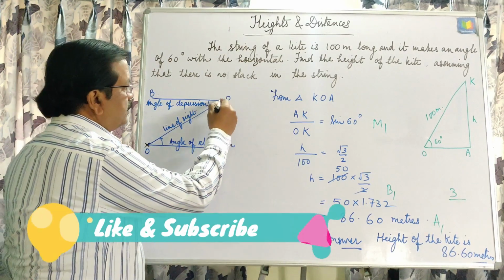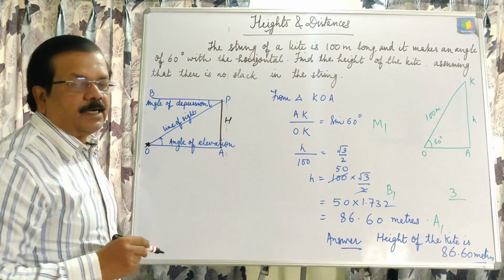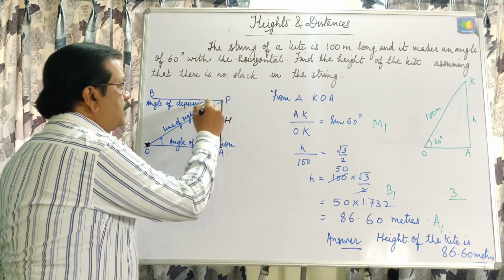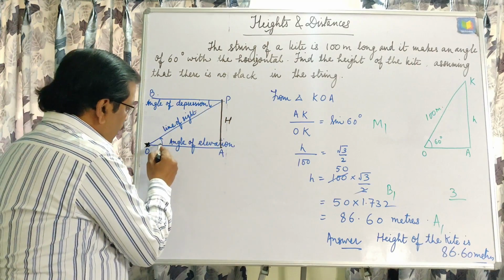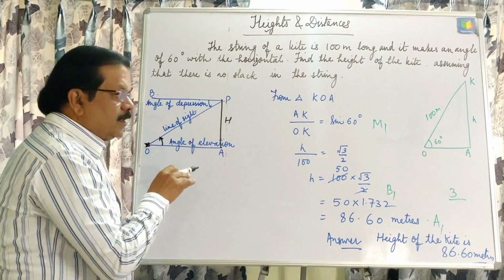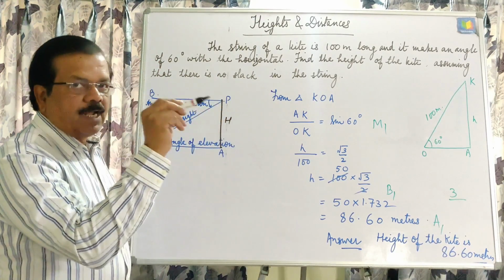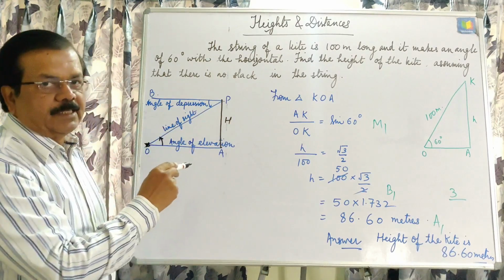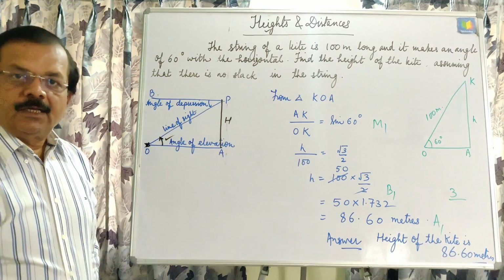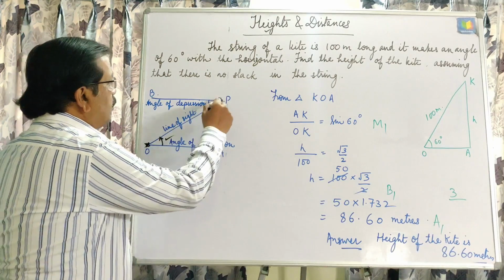Suppose an object is here at a certain height and we are observing it from a certain point. If we are here and trying to see this object, then our eyes will be in this way. We will have to look in the upward direction, so the line of sight of our eye will be upward, and that is why this type of vision is called the angle of elevation of this object.